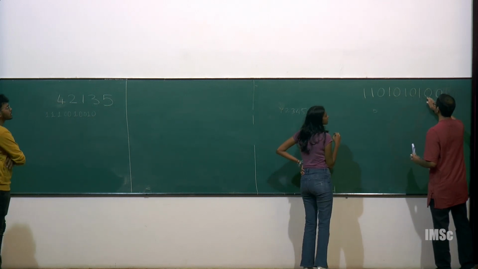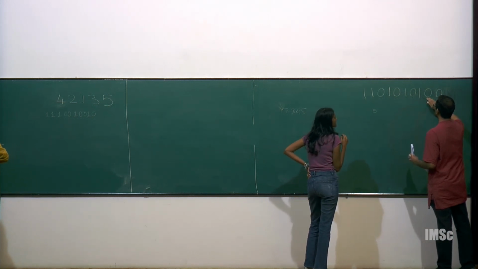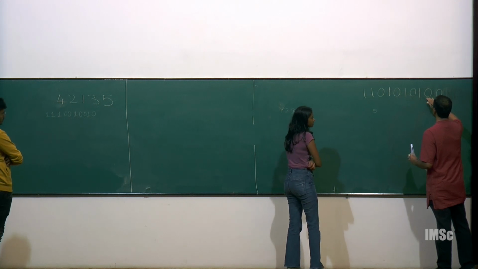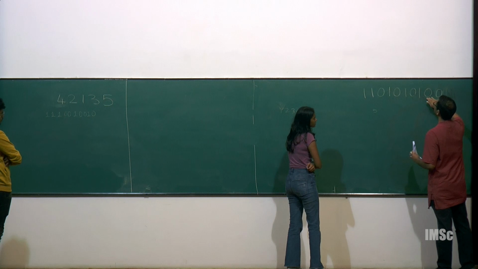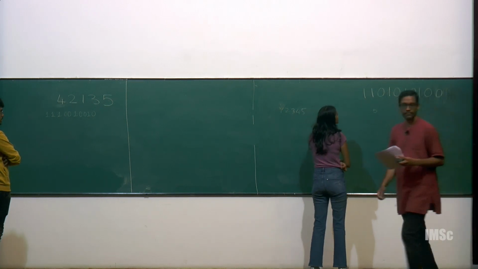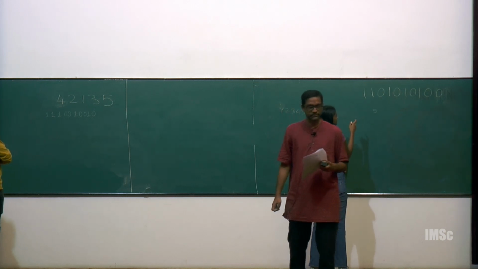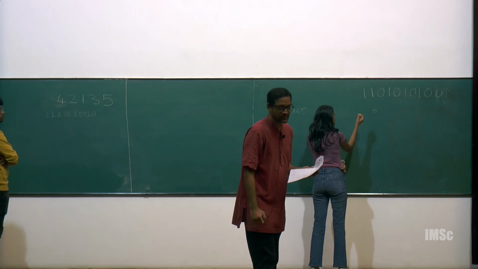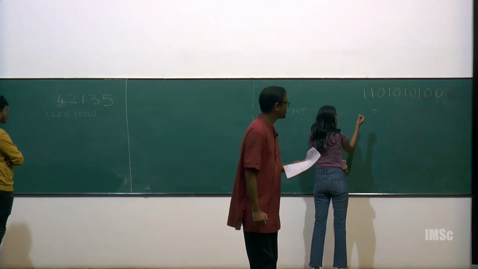I think it's fine. There are 5 zeros and 5 ones. No, but then I have 2 zeros again. Okay, yeah, fine.